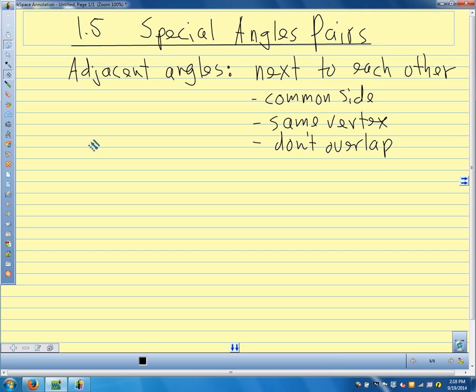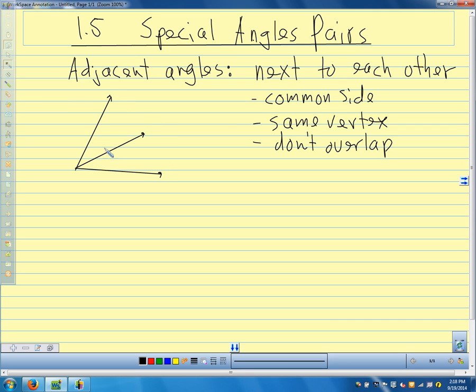So in a set of adjacent angles, if we were to draw them, it looks like the drawing we did for our opener. Angle 1 and angle 2 are adjacent. They share a side. They have a common vertex, and they don't overlap.